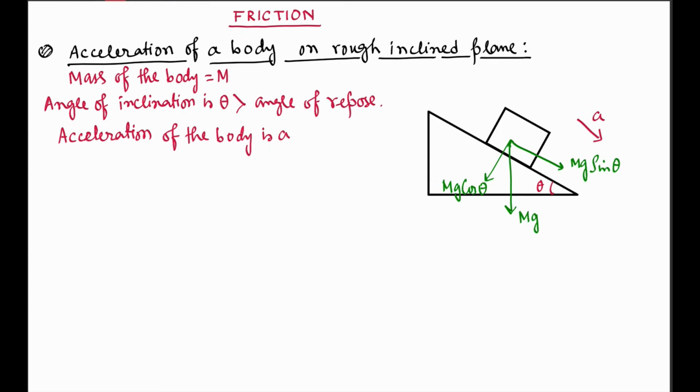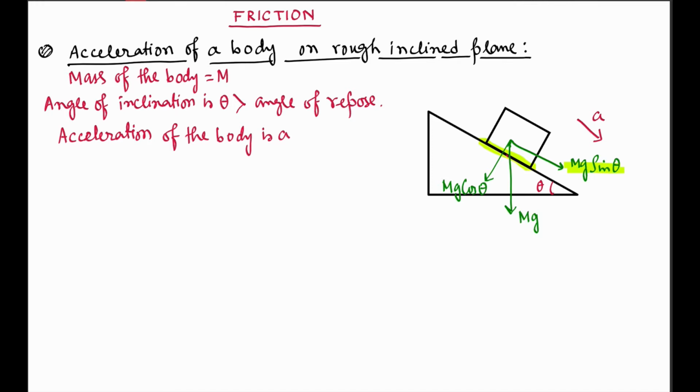This component mg sin theta moves the body downward along this plane. As the body is moving on a rough surface, there is a frictional force acting between these surfaces.